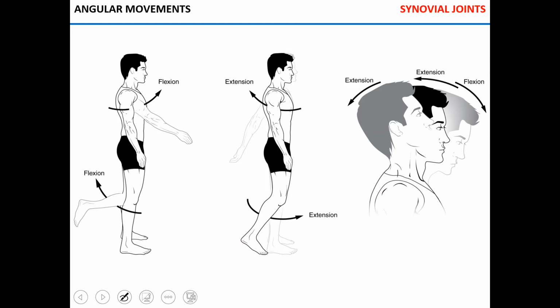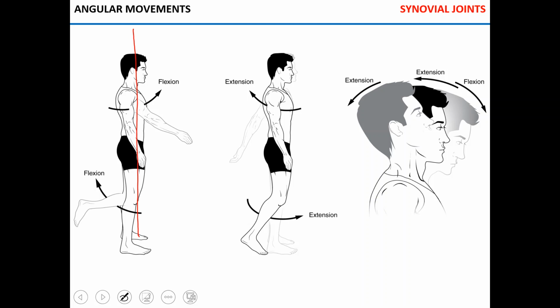So now we're going to chat about some movements of the joint. The first types of movements that we're going to be talking about are flexion and extension. Flexion and extension occur in either mid-sagittal or transverse plane. And the difference is when you're flexing, the angle between the axis and the limb or whatever body part you're flexing decreases.